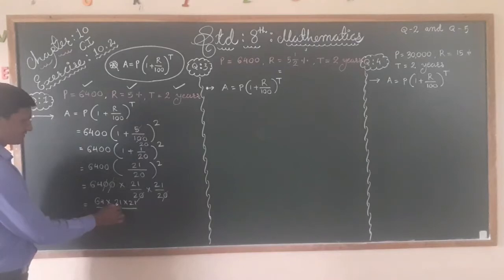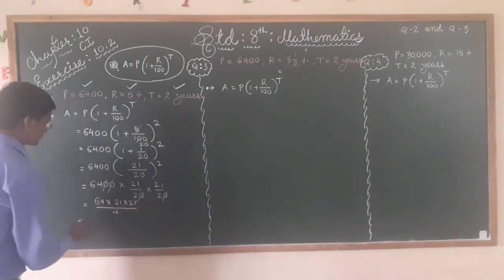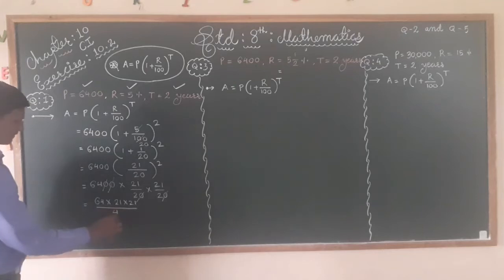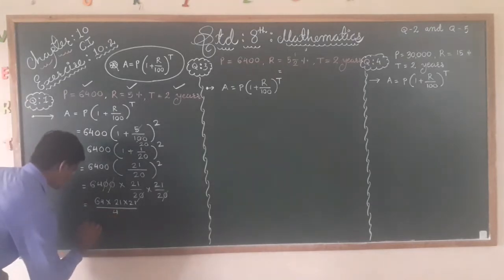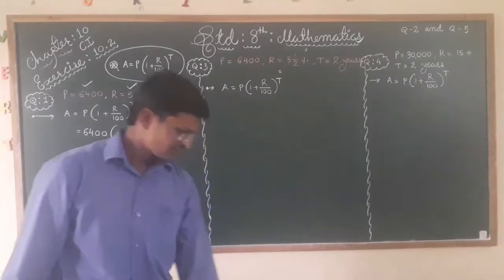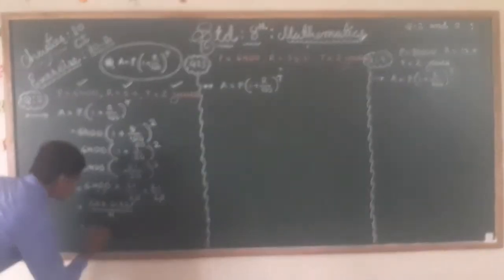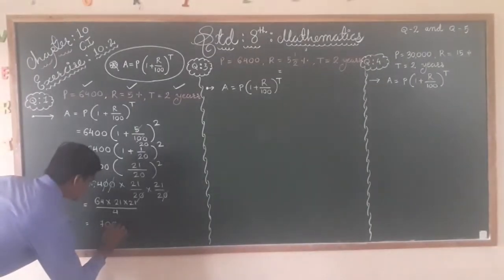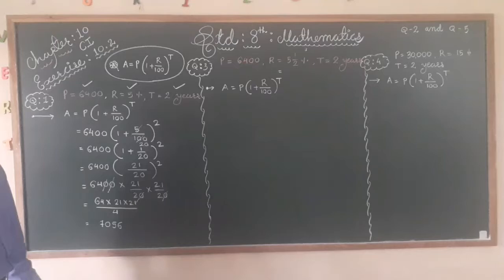Now how we can multiply? 64 multiplied by 21 and 21 and divide by 4. When you do this step of multiplication and divide by 4, we will get the answer. Answer is 7,056.